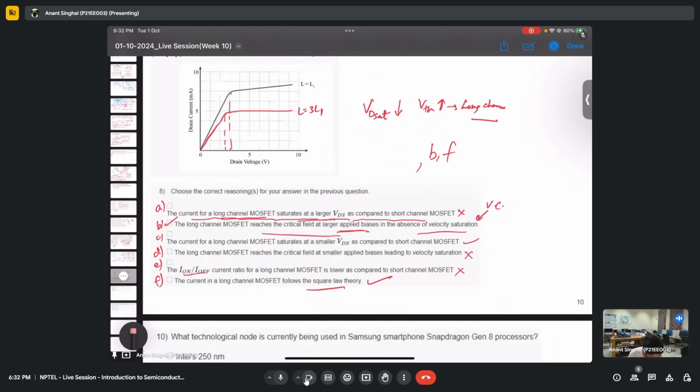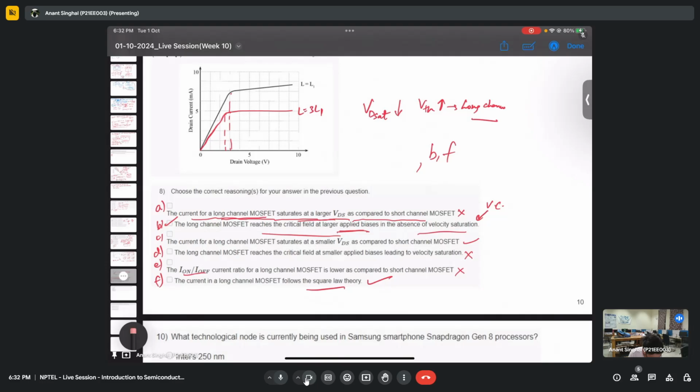Only when we have a larger VDS will we have a certain electric field that is taking the MOSFET into saturation. For larger length, we will be requiring a larger VDS to have this. At least there will be absence of velocity saturation that I am sure of. So that is why I directly thought that B is fine.